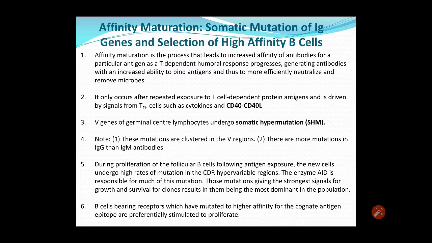So now we've got a situation which is opposite to what I described in the removal of autoreactive B cells in the bone marrow, because now only those antibody surface expressing B cells which have the strongest stimulation for antigen, getting the highest signals, will outgrow the ones with lower affinity. So in this way, this enzyme AID is selecting out for B cells which produce the highest affinity antibodies.